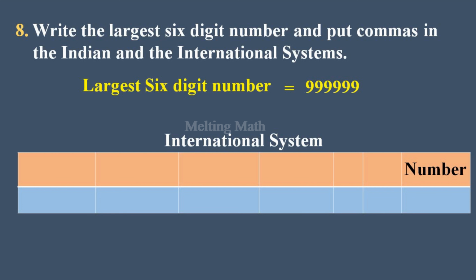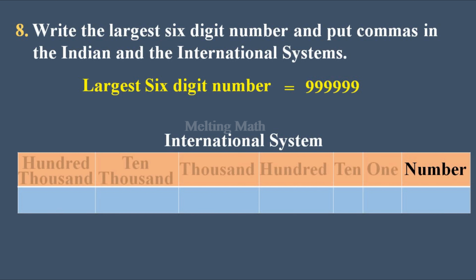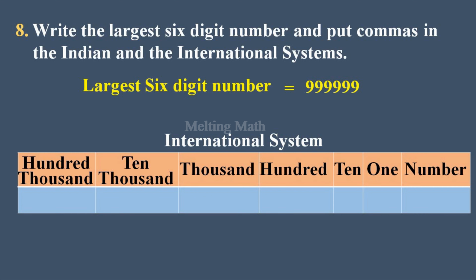For this we have to write the places of each digit according to the international system. We know the last digit 9 is in the ones place, next digit 9 is in the tens place, next digit 9 is in the hundreds place, next digit 9 is in the thousands place, next digit 9 is in the 10,000s place, next digit 9 is in the 100,000s place.